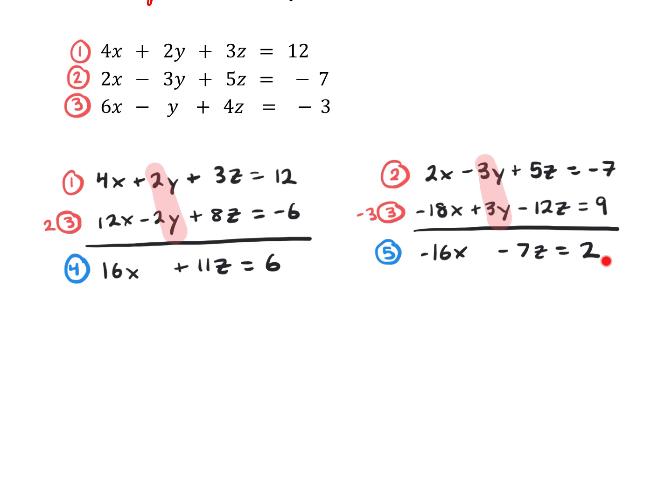We just have x and z, so we know we can solve this. Then on top of that, look at your x terms. We have positive 16x and negative 16x, so this is actually a really nice equation. They are already opposites, so all we have to do is line them up and add vertically.